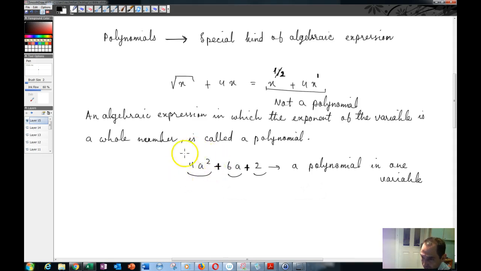So these little islands that have been connected together using either addition or subtraction are called the terms of a polynomial.